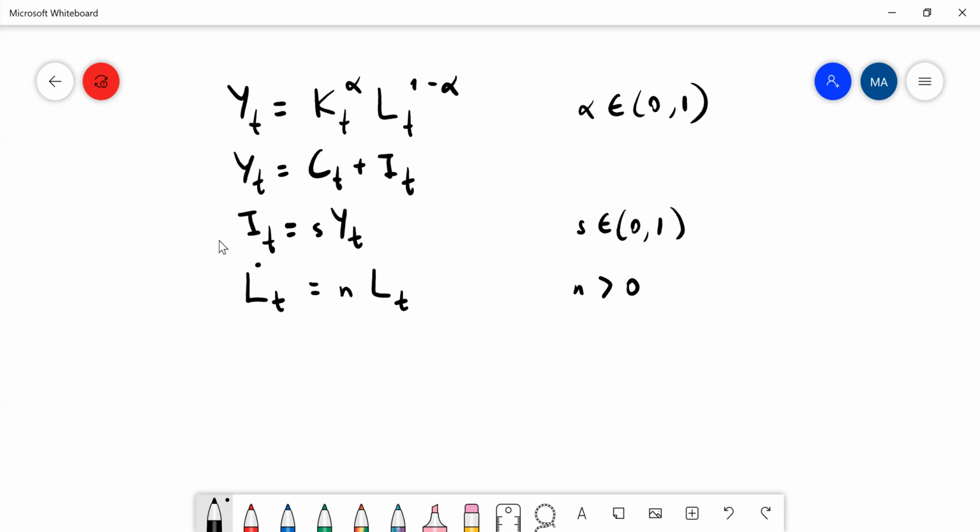Okay, as you see, this is a linear differential equation. So if you imagine how L_t changes in time, it has this exponential growth form, right? So it is e to the nt. Okay.